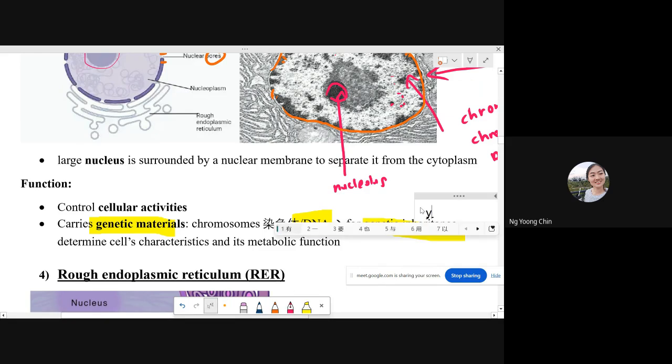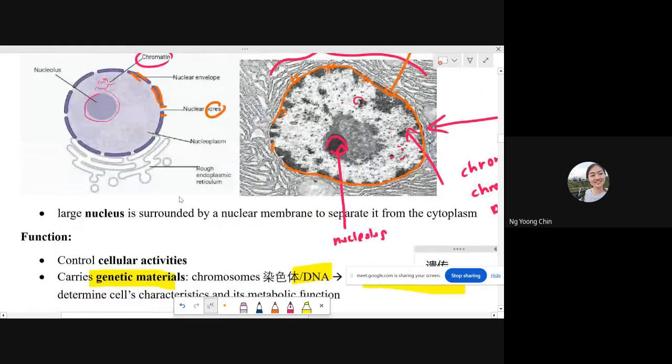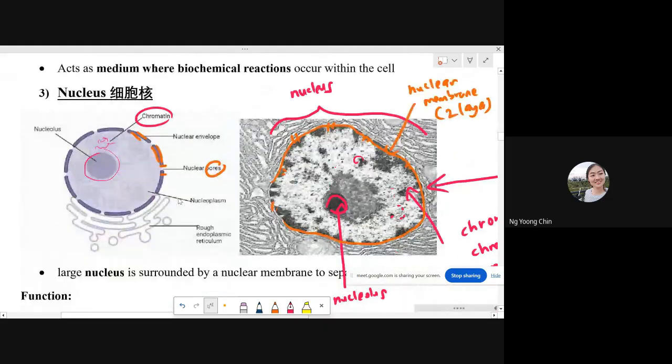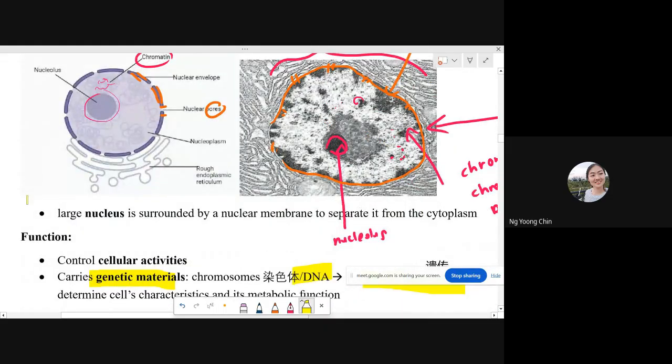Inheritance means that you're able to pass this gene to the next generation. So this is the first function, genetic material.